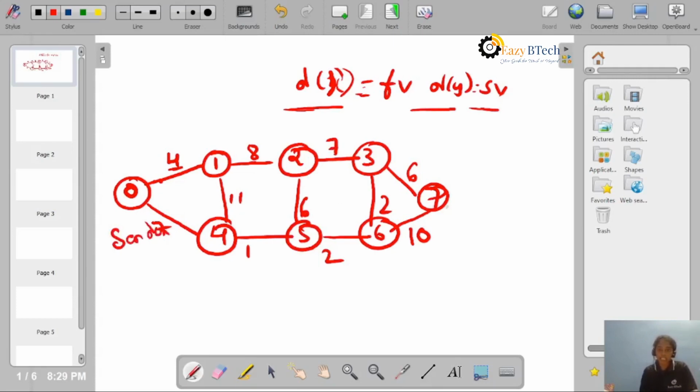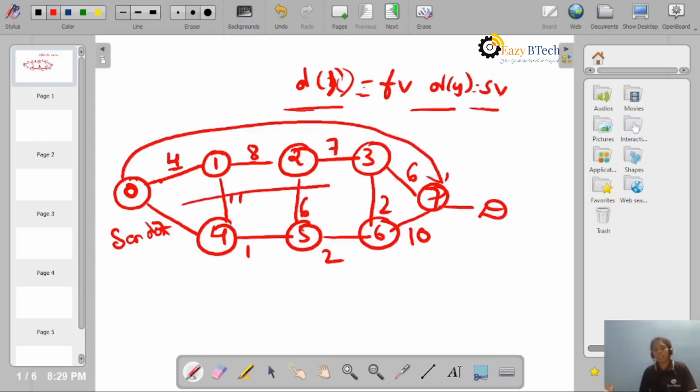This is the destination. I have to send data from source to destination through these nodes, so I have to find each and every node's distance from the previous node. I am writing this graph again here.